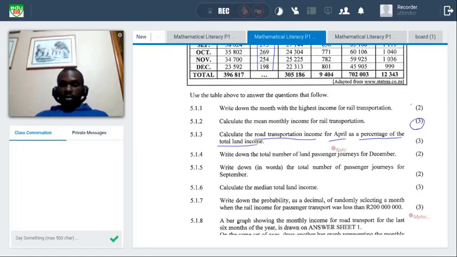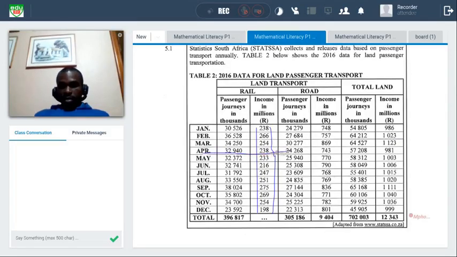Let's go back to the table. The road transportation for April is 743. It's going to be 743 over the total land income.